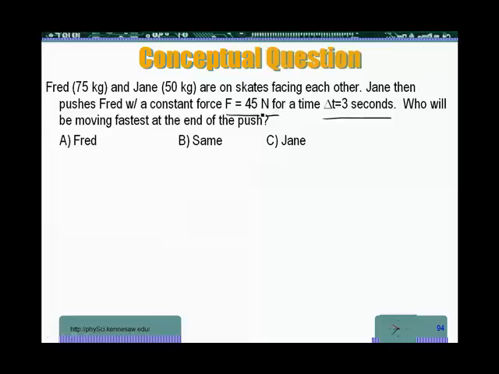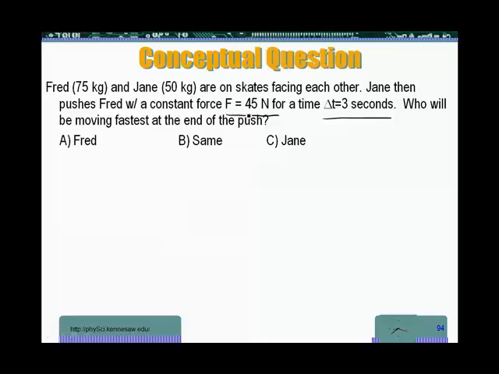Now, if she's going to apply this on him, then because of this force, Fred is going to accelerate. What's the acceleration of Fred? It's going to be 45 newtons over 75. And he's going to be accelerated for 3 seconds. So he's going to have a particular acceleration.